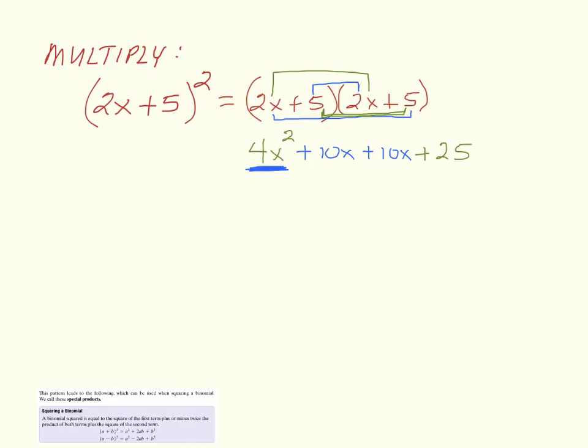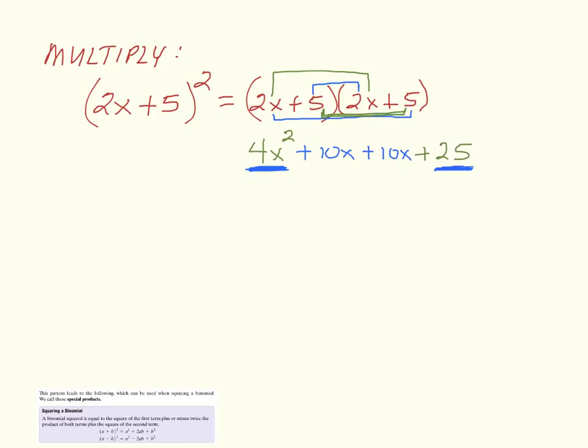So the first term in this polynomial here is a square term. Notice also that 25 at the end is a square term. 25 came from squaring the 5, multiplying 5 times 5. Okay? So the first term is a square term, the last term is a square term.